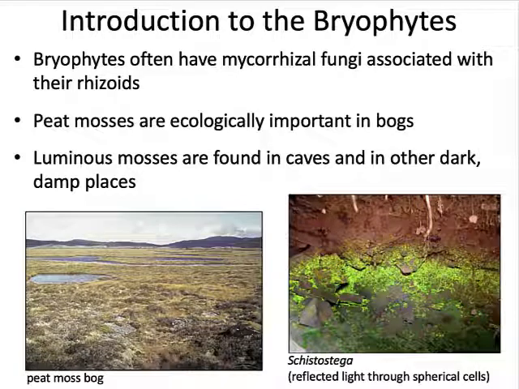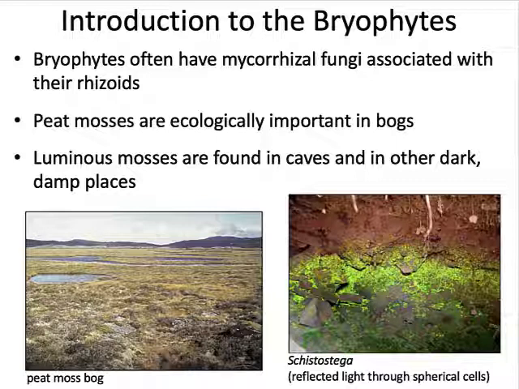Bryophytes often have a mycorrhizal fungus associated with their rhizoids. Because they don't have true roots, the mycorrhizal fungus is essential for helping them absorb ions and minerals from the soil. Peat mosses are ecologically important in the bog systems of the world, particularly in northern Europe, where lots of peat moss bogs are found.